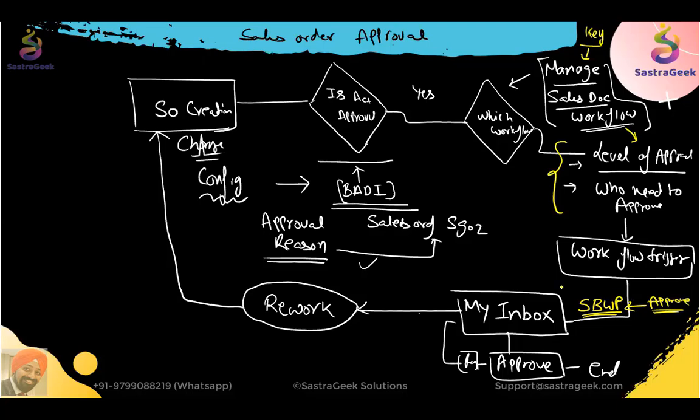For procurement also, when it initially came, we requested that since we are able to see it in SBWP, the approve or reject option should also be given there so that it can happen from the GUI also. The approval option is only in My Inbox as of now. Okay.